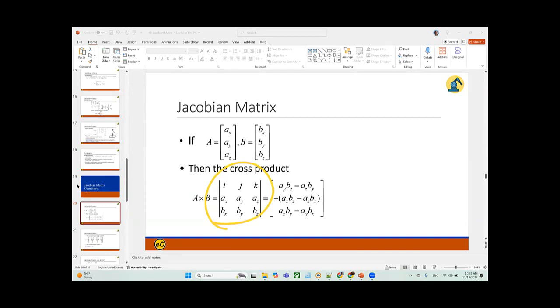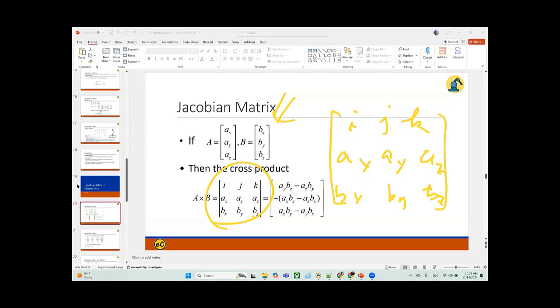This matrix is the IJK row, AX AY AZ, BX BY BZ. So this one will give you the cross product.